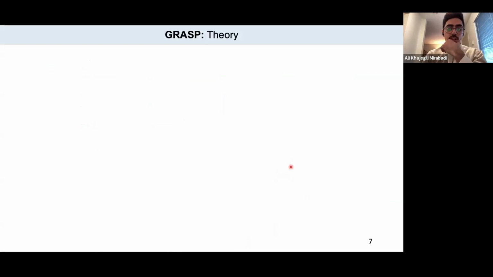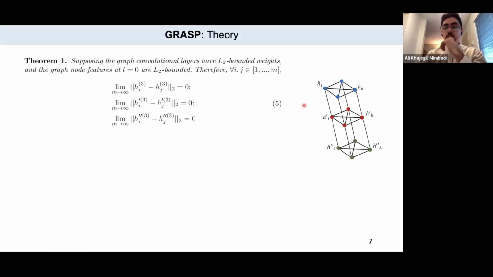So the theory behind it is this: we suppose that all the weights in the convolutional layers are L2 bounded, which is fair because, first of all, our model is converging. So we assume that our model is learning something, so weights are not NaN values.